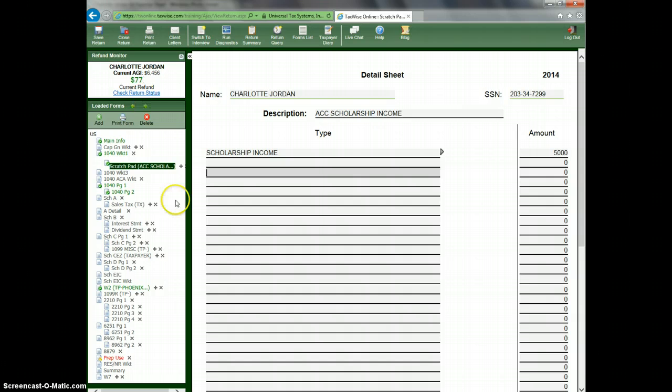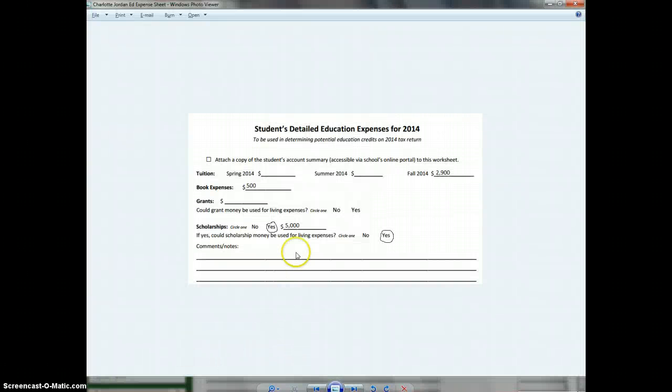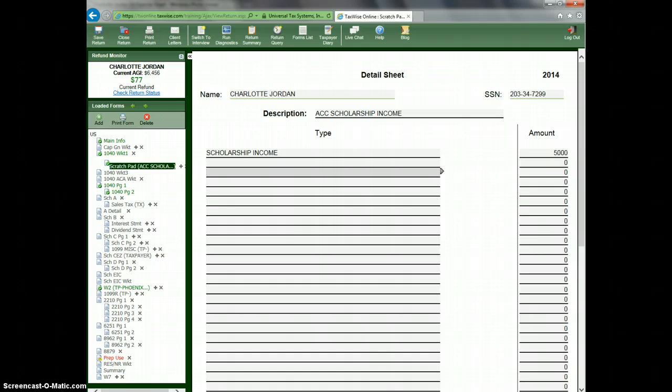Just to be clear, if the scholarship money could not be used for living expenses, we would have to use the traditional method. All we would do in this situation is report the $1,600 in scholarship income on Charlotte's return. But because this money can be used for living expenses, we can look at the second method. Again, Charlotte's refund went down a little bit.